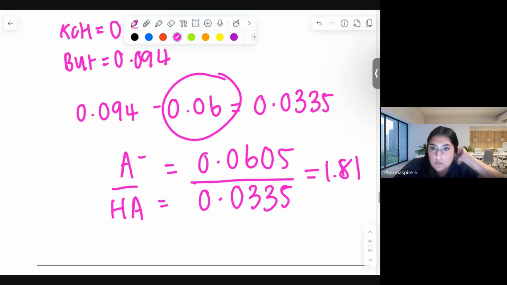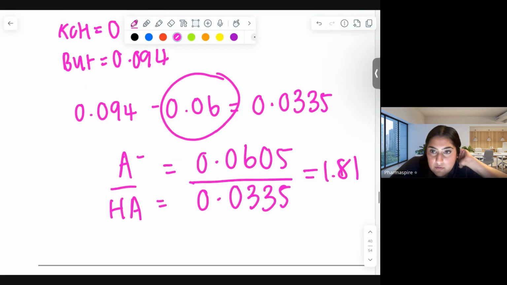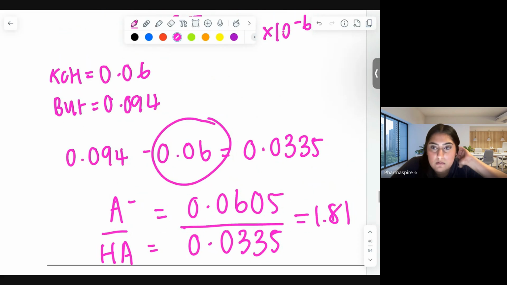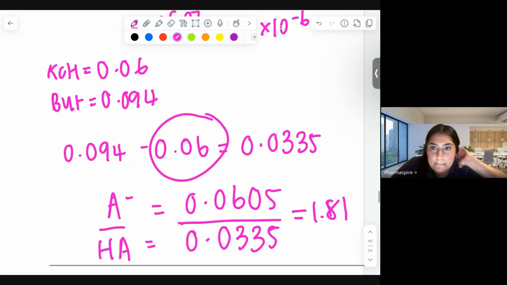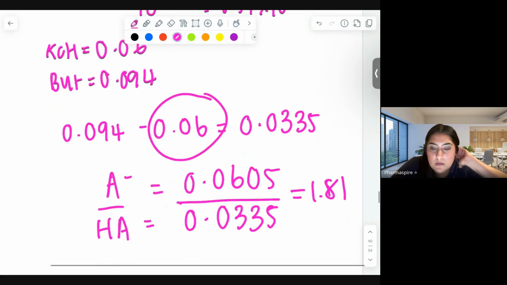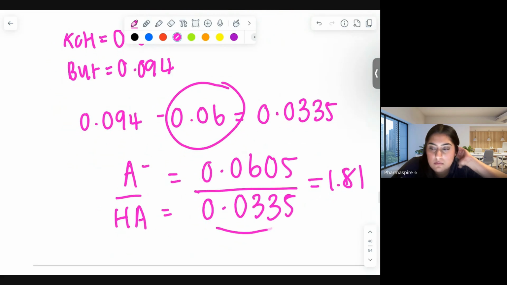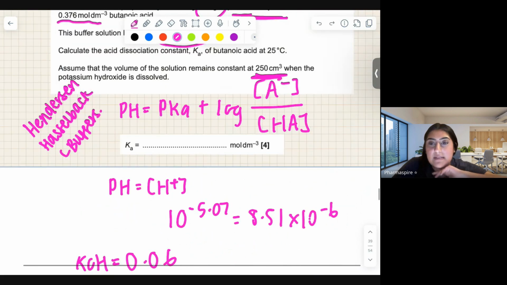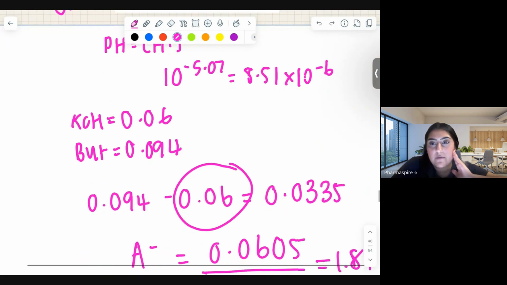Where's the 0.00005 from? Where's that from? Have I written that where? Where? You mean this one? Because they reacted. You need to subtract them to see what's left.